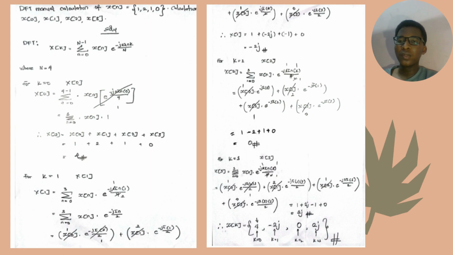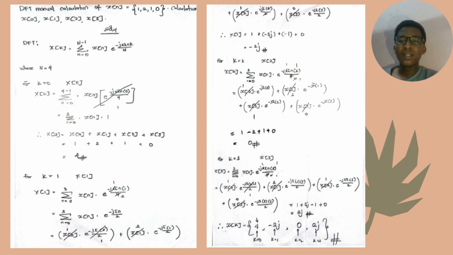Here we substitute, and for x0 we got 1, and we cancel, and here we add x0, x1, x2, x3 to get 4. So this is for k equals to 0.